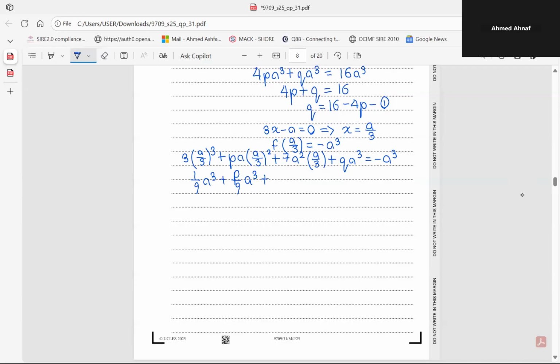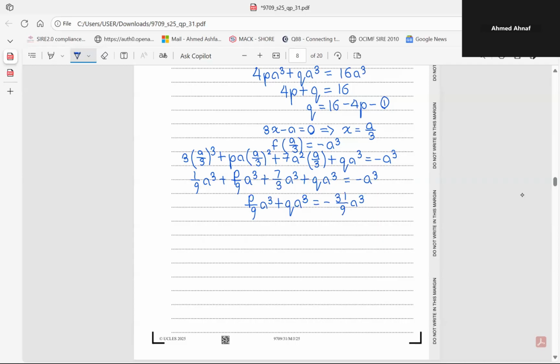And for the following term, we just have 7 over 3 times a cubed, plus qa cubed equals minus a cubed. Okay, so like before, let's put the p's and q's on one side. So p over 9 a cubed plus qa cubed equals minus a cubed minus 7 over 3 a cubed minus 1 over 9 a cubed. So that is minus 31 over 9 a cubed.